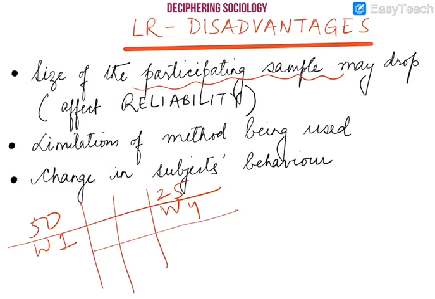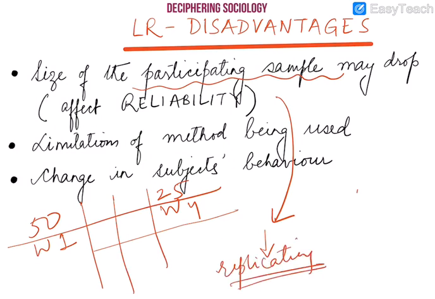Then it adversely affects my research because the reliability decreases. Why? Because in order to replicate, to reproduce the same research, I need to have the same number of people whom I am observing. And if it started with 50 and now it is 25, then reliability reduces.